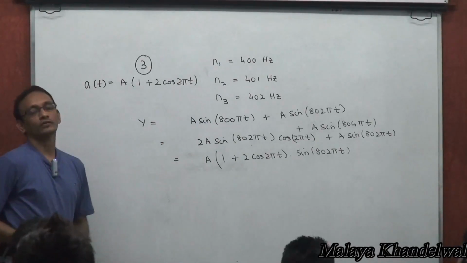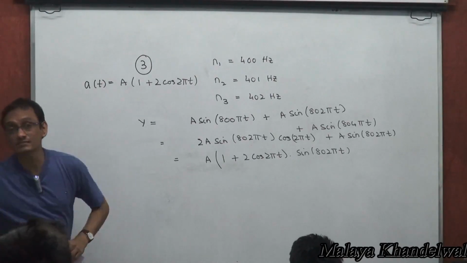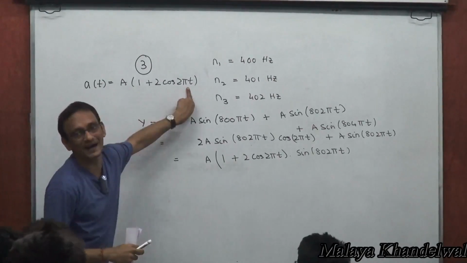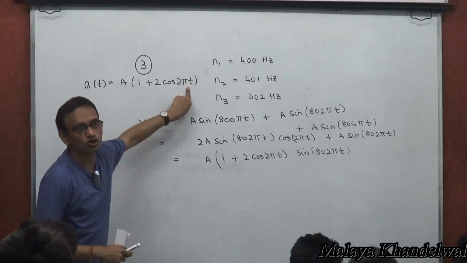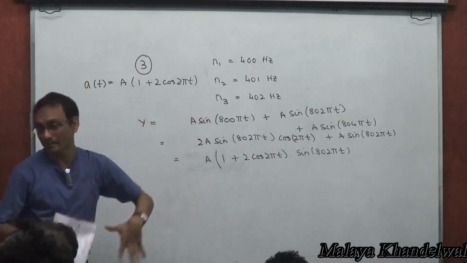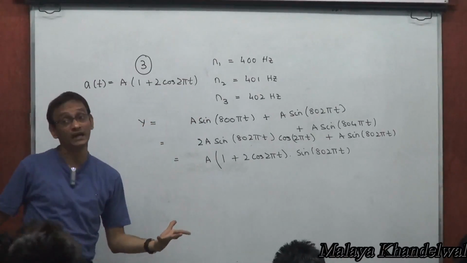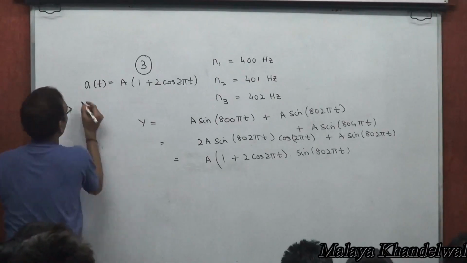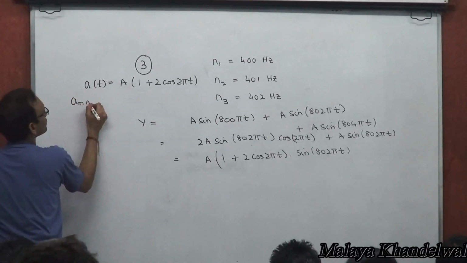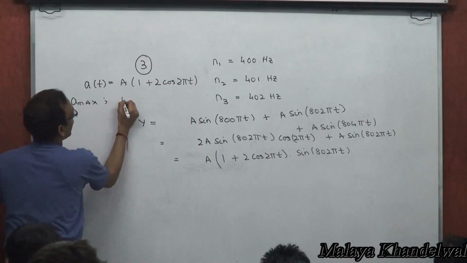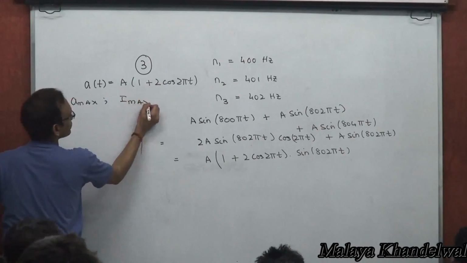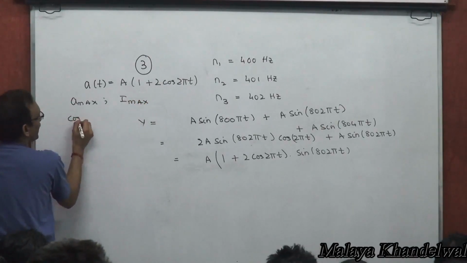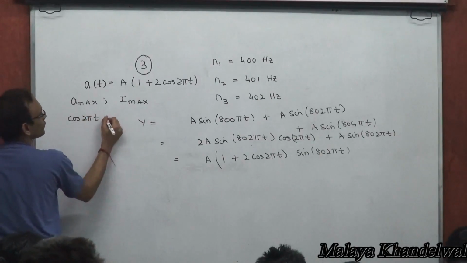Easy to see that amplitude would be maximum when cos 2 pi t is 1. Every time cos 2 pi t is 1, the amplitude would be maximum and intensity would be maximum. So A max, I max occurs every time cos 2 pi t is 1.